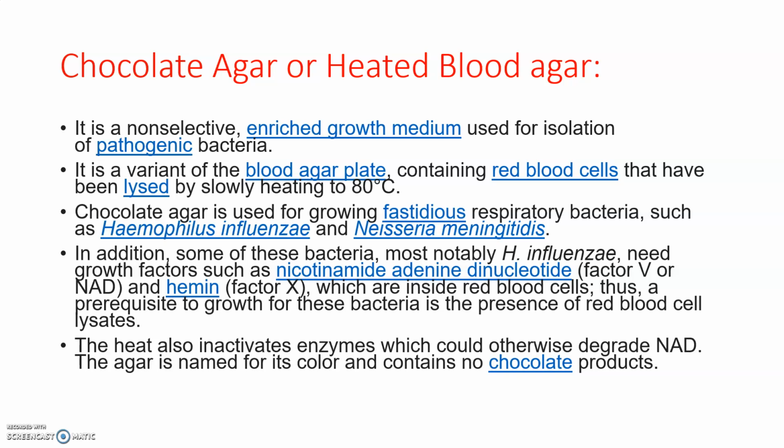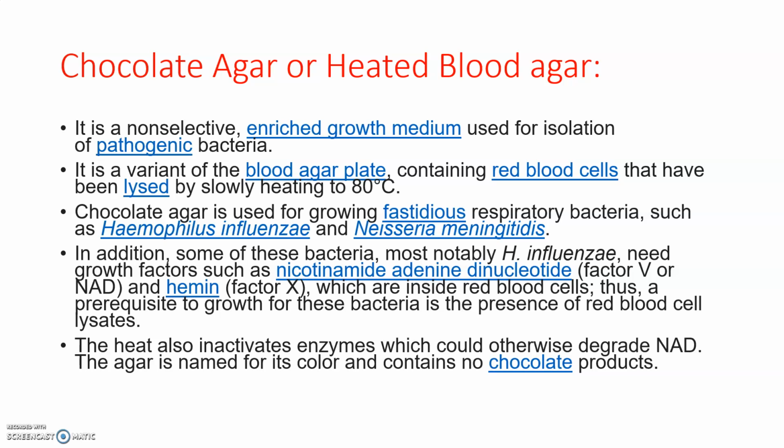Chocolate agar is used for growing fastidious respiratory bacteria, those that require specific nutrients. What are the respiratory bacteria which are fastidious? Haemophilus influenzae and Neisseria meningitidis. These are respiratory bacteria occupying the respiratory tract, causing infections.